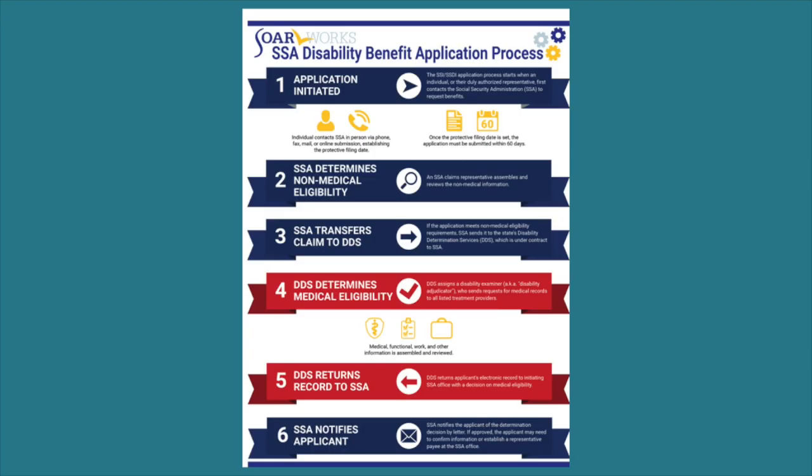Once they determine that and notify you, they will then take all of that application packet that you worked so hard to complete, and they're going to give it to an office in Roseville called Disability Determination Services. You'll see another acronym for that, DDS. This is actually a branch of social services in California that is trained to evaluate the medical aspect of your application. So number 3 there, they transfer the claim to Disability Determination Services.